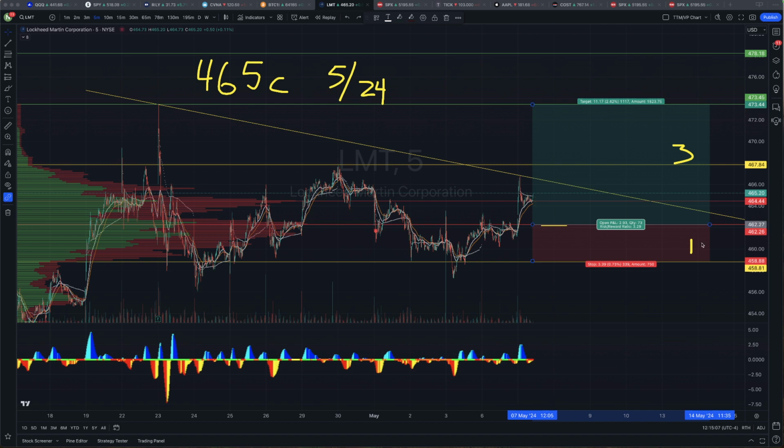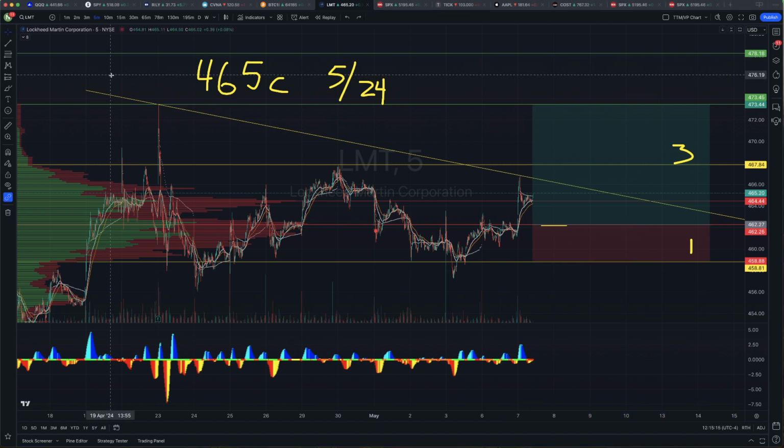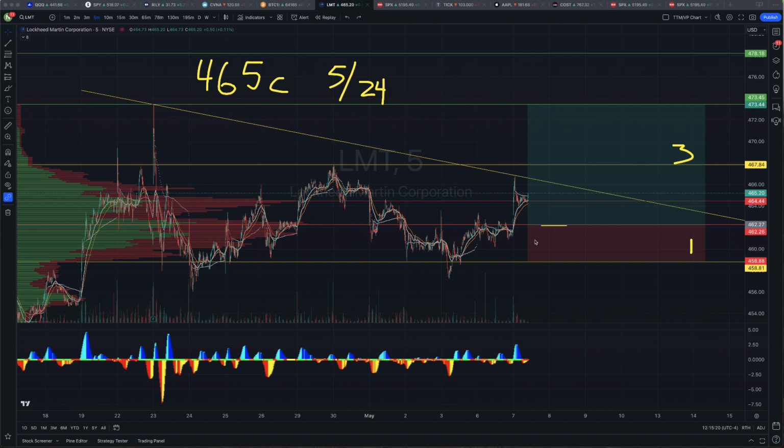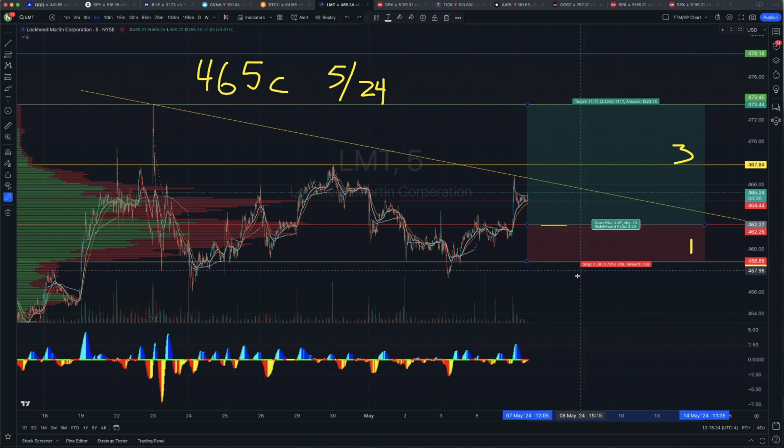And just to help understand, the 465 calls right now are at a 50 delta. If they come down to here, they will be less than that. But just understand that you're risking $3.39 on the underlying, right?